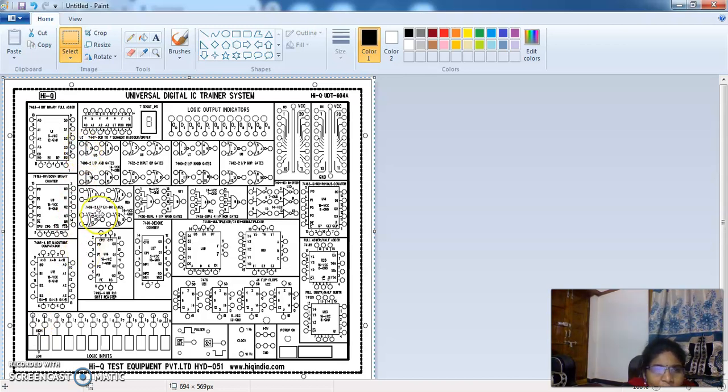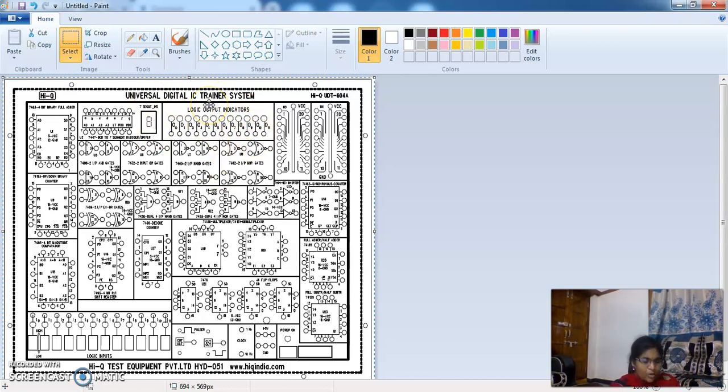If you want to check one AND gate, then to the 2 inputs of this AND gate, A and B, we will give 0, 0. We'll check the output from the third pin, placing a wire from the third pin to the output. You can take any output.